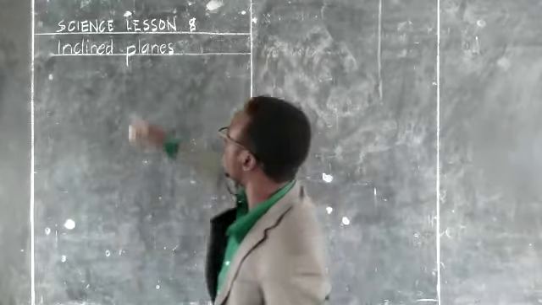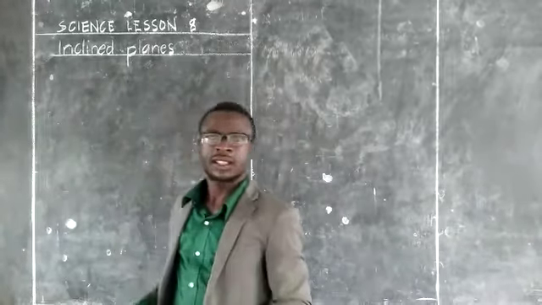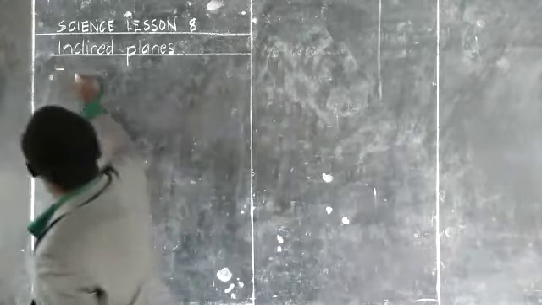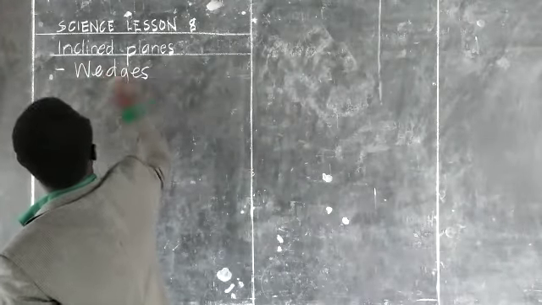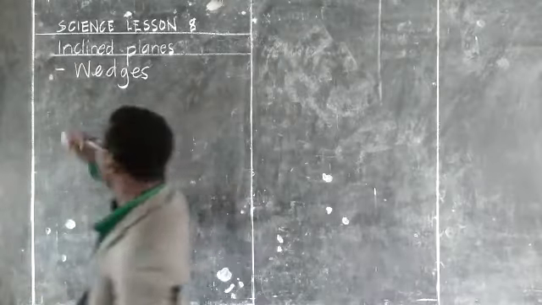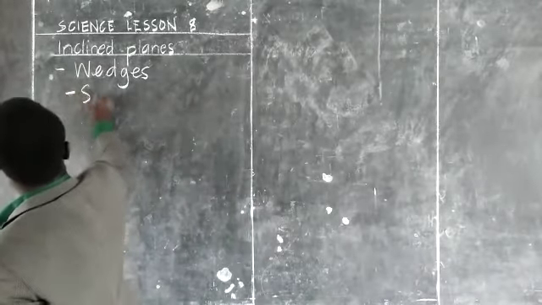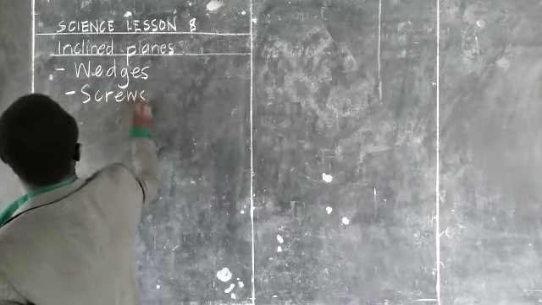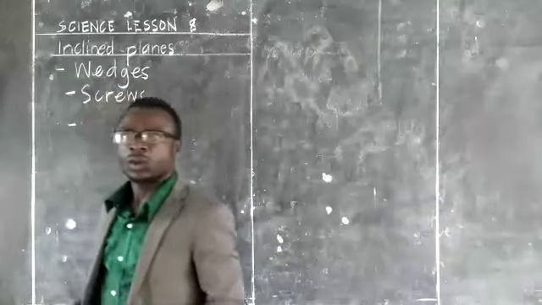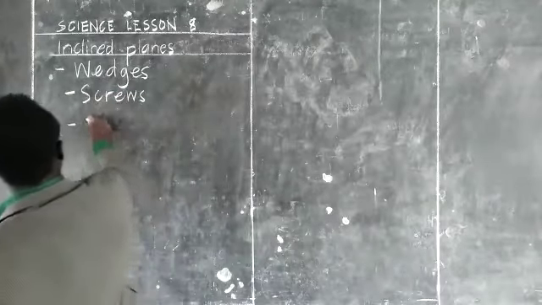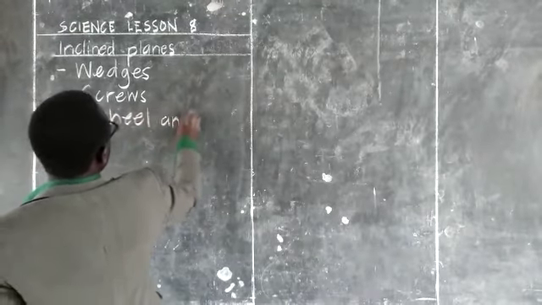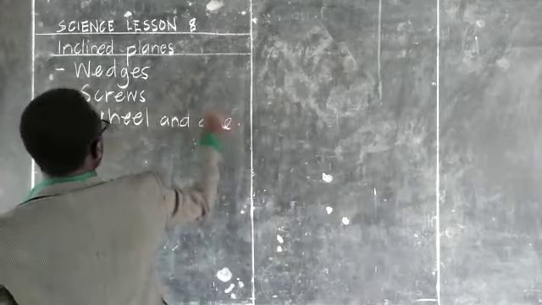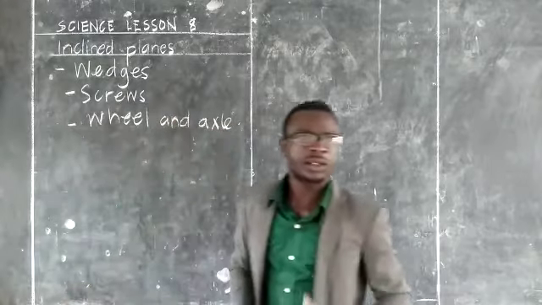One of them was inclined planes, and we also looked at wedges, screws, and wheel and axle.